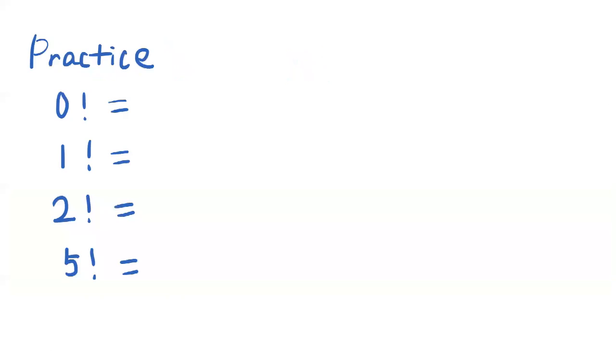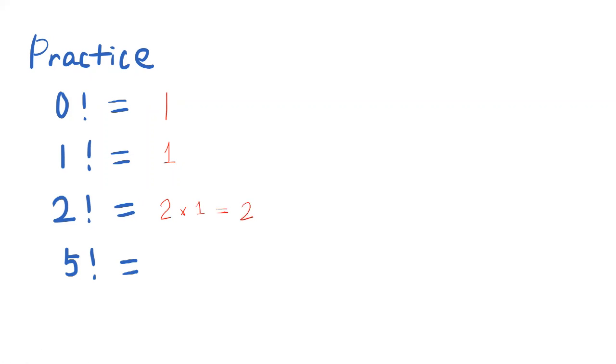No? Okay, if you don't have any questions, let's do some quick practice. So what is 0 factorial? By definition, 0 factorial is 1, right? Okay, now let's see what is 1 factorial. 1 factorial is also 1, right? So what is 2 factorial? Okay, so according to the definition, 2 factorial is 2 times 1, right?